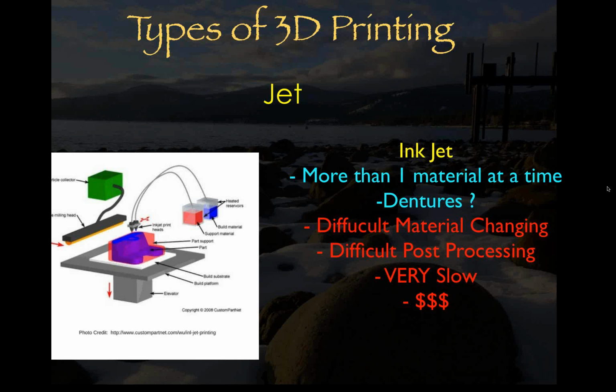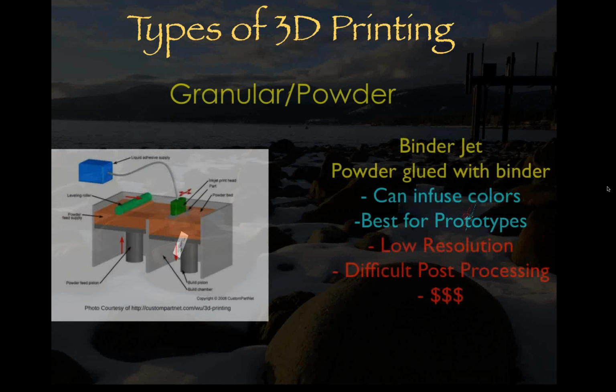The post-processing is far more difficult because you can have multiple materials. It's very slow and very expensive right now. But this is one to keep our eye on, which may be the modality that will end up being used when we finally get to printing complete dentures or complete restorations that are layered. It's very interesting technology, but for today, it's not practical for our business.